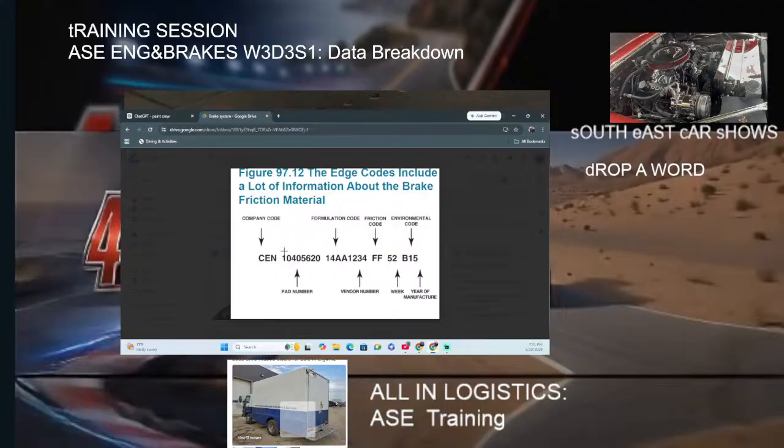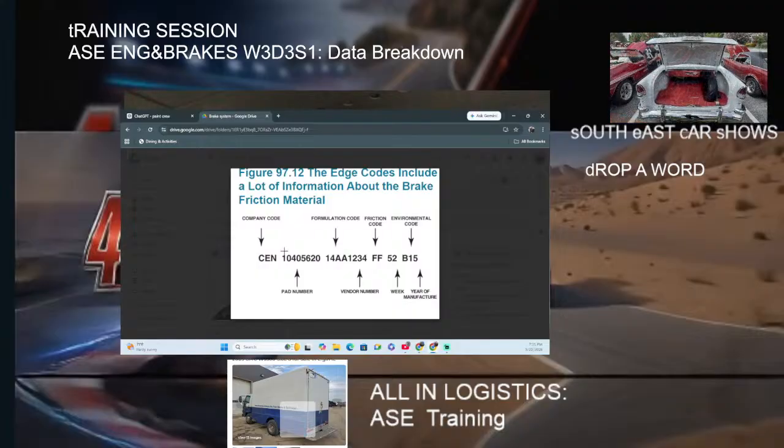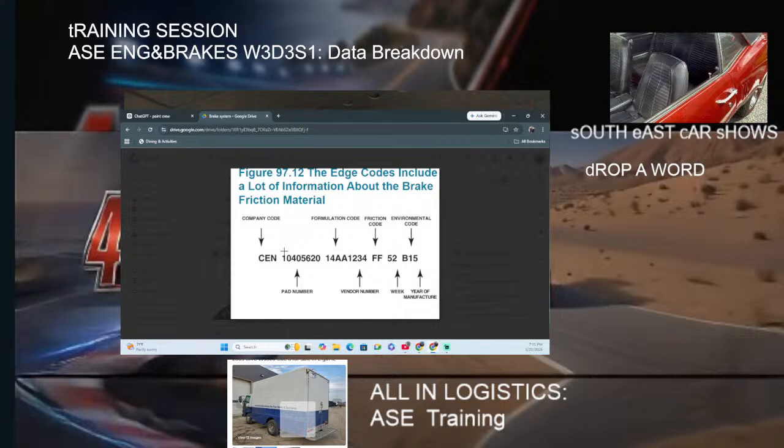So we have the company code. Then we have the pad number. Then we had the formulation code.